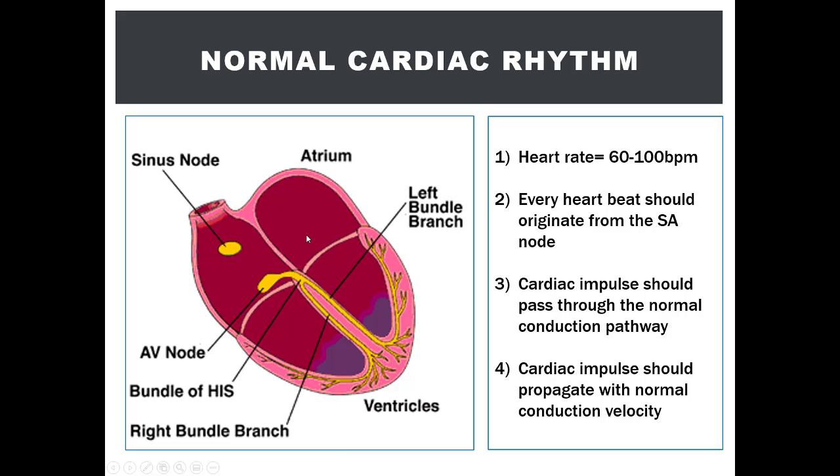So after the action potential propagates through the atrium from top to bottom, it passes through the AV node. Then the action potential propagates through these nerve fibers called the bundle of His and bundle branches into the Purkinje fibers. From here, you can see the action potential propagate through the ventricles from bottom up.